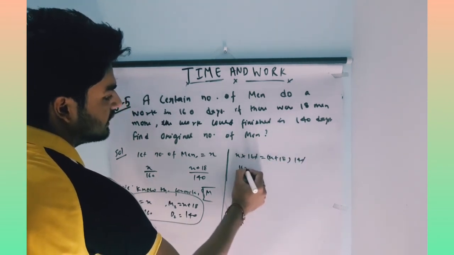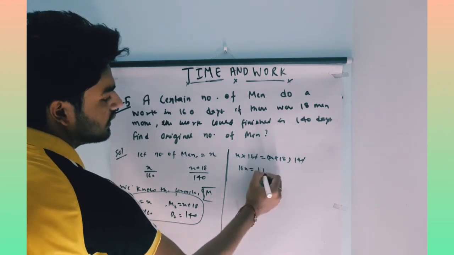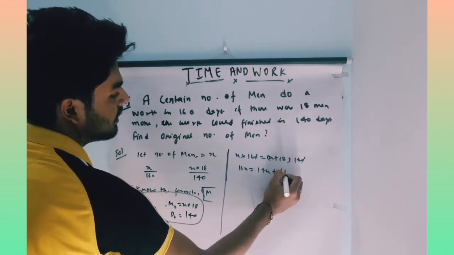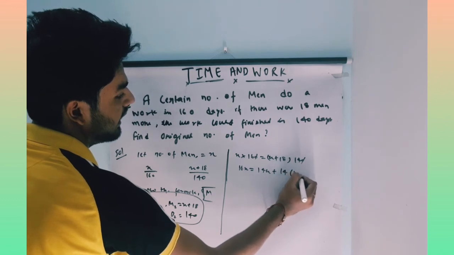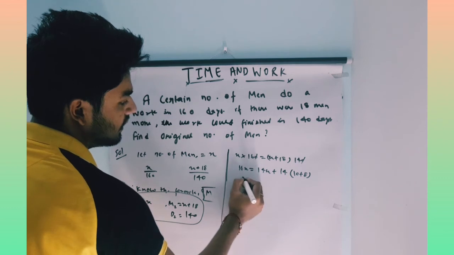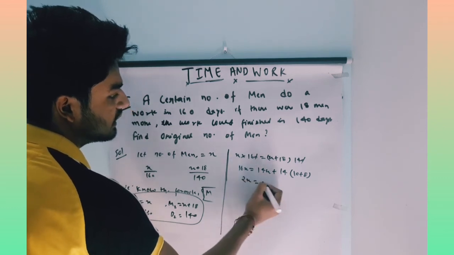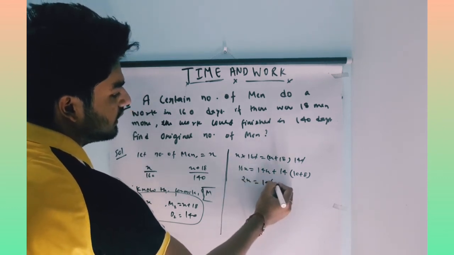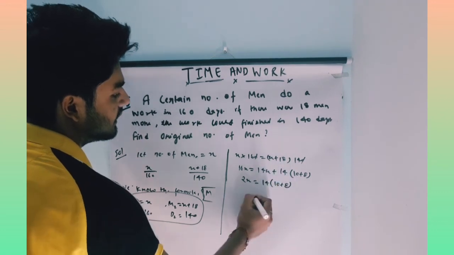We get 16X is equal to 14X plus 14 into 10 plus 8, we can write 18 as 10 plus 8. Now we get 2X is equal to 14 times 10 plus 8.